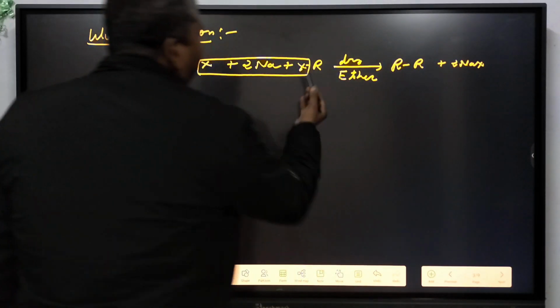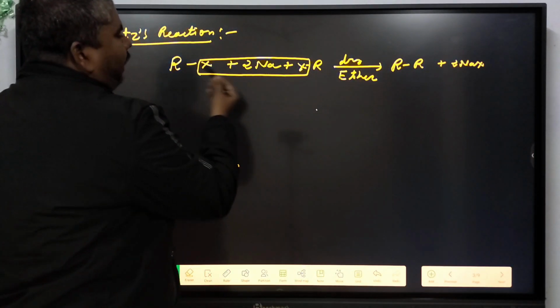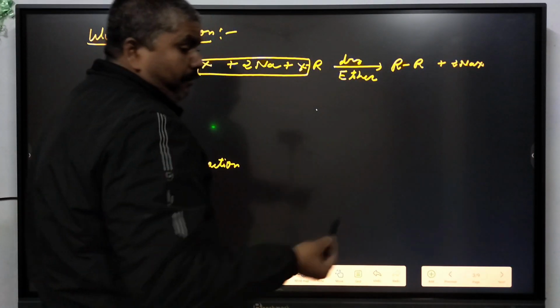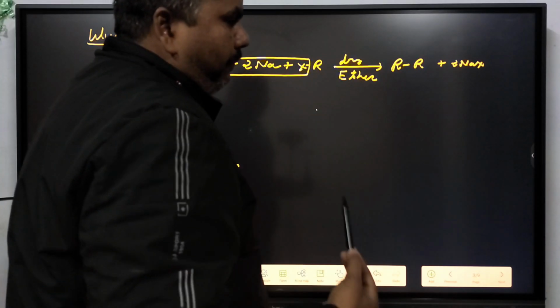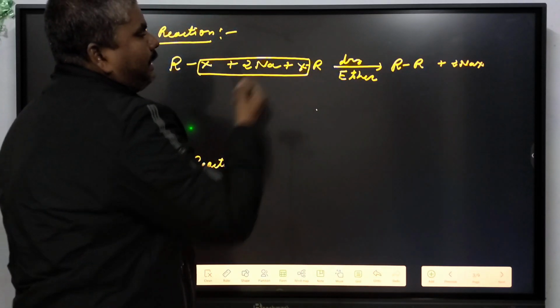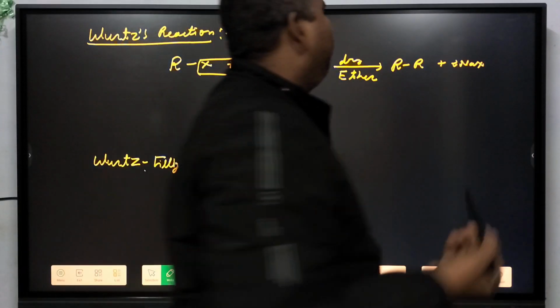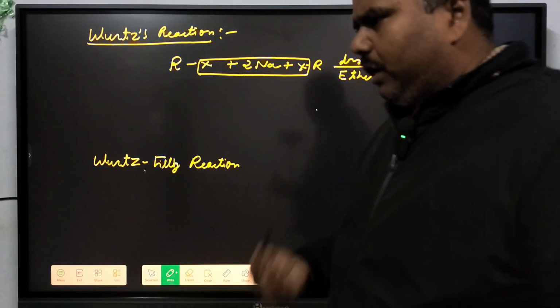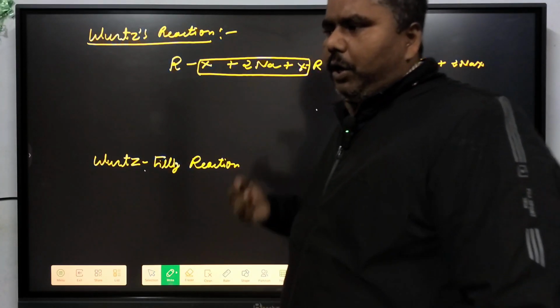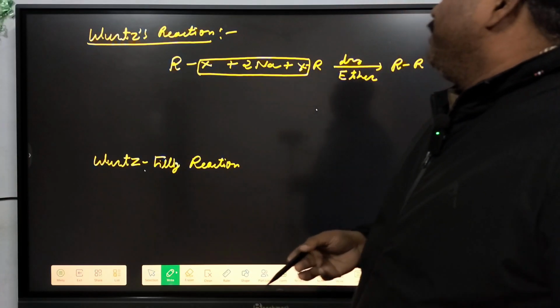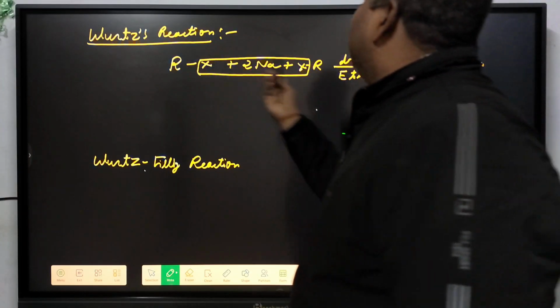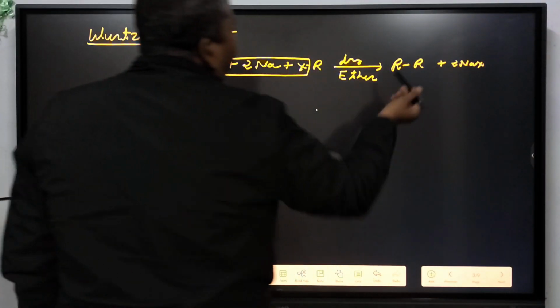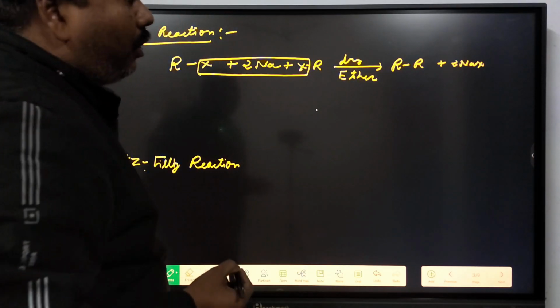It is noticed that both alkyl groups are same, both haloalkanes are same. If both haloalkanes are different, a mixture of alkanes is obtained, and it is not easy to separate all of them. So we will take the similar haloalkane, and only the higher alkane is obtained.